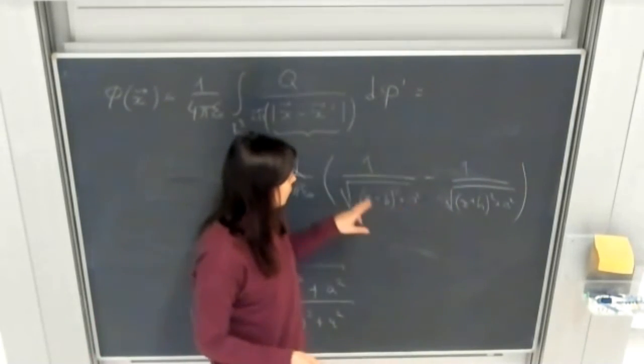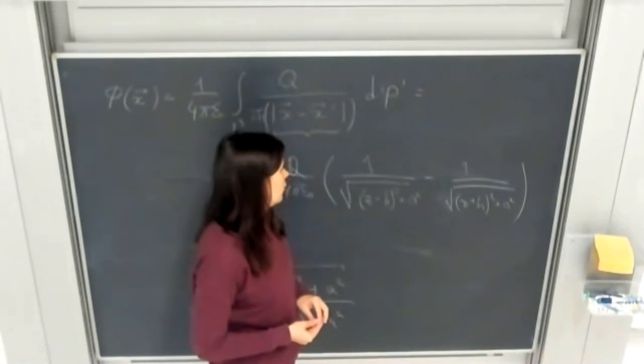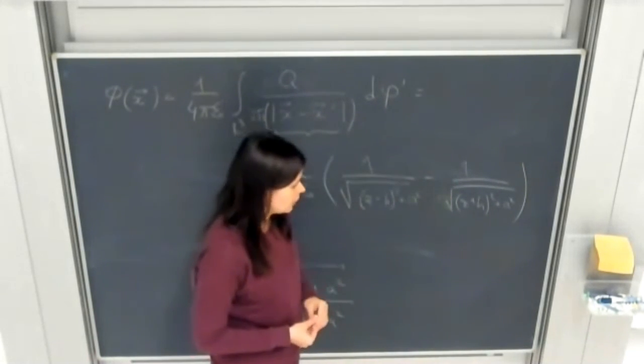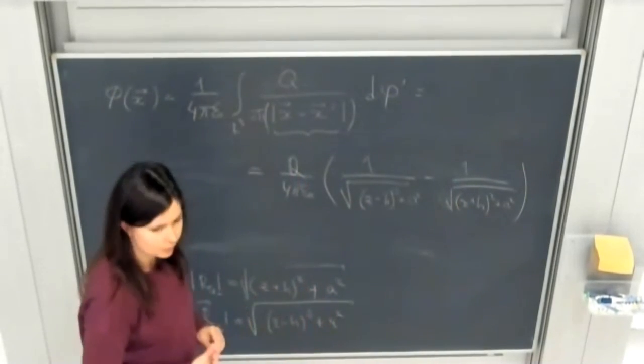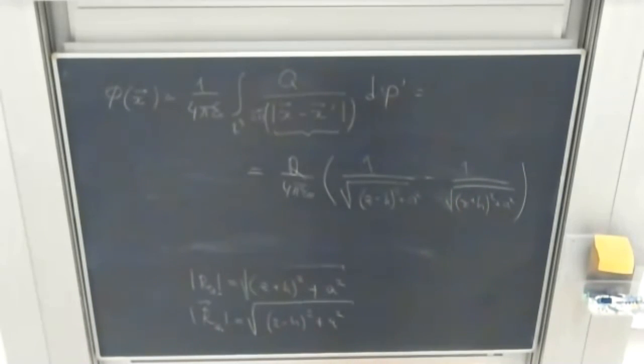Minus because one distance is for the Q charge and another radius is for the minus Q charge. So that's the answer for the potential above the grounded plane.